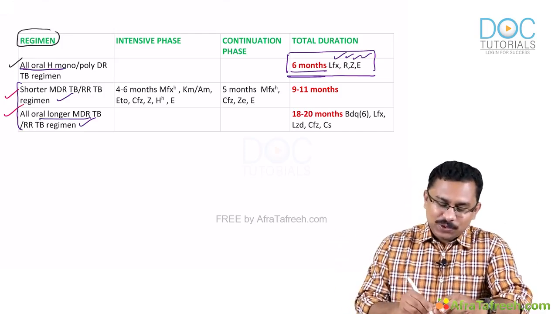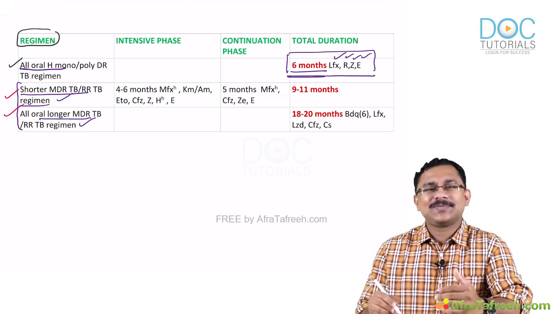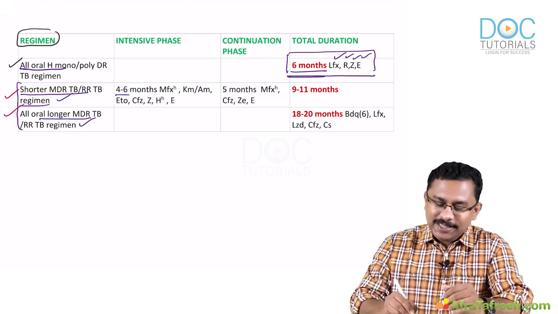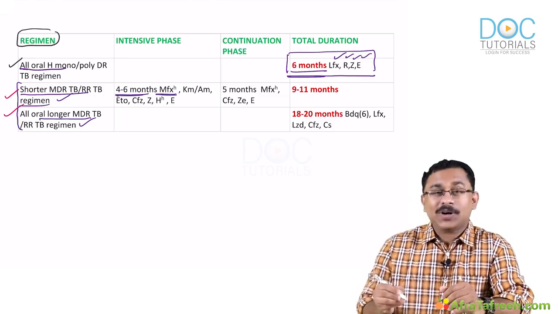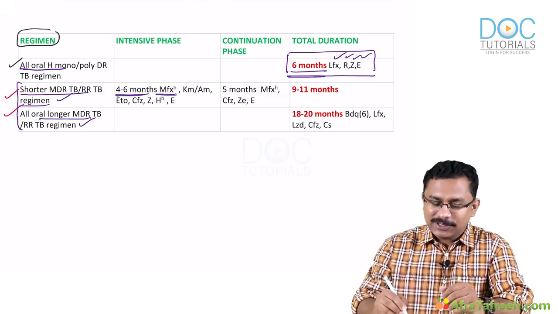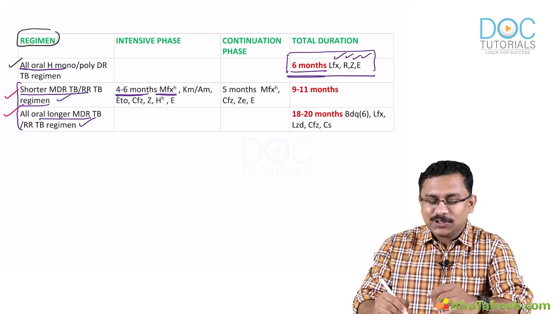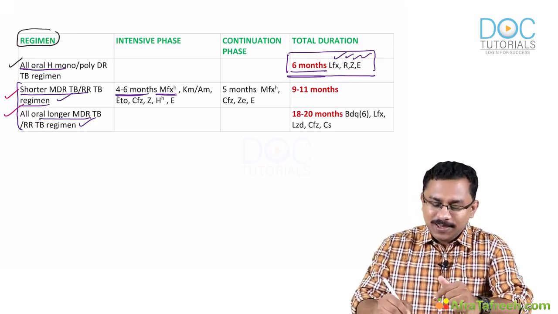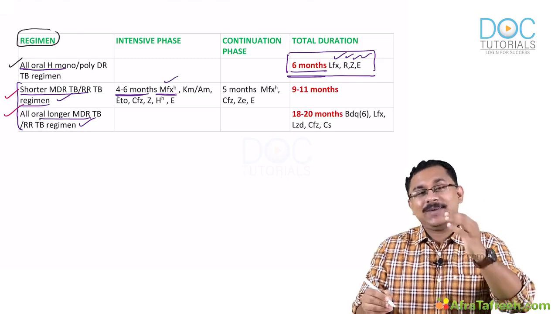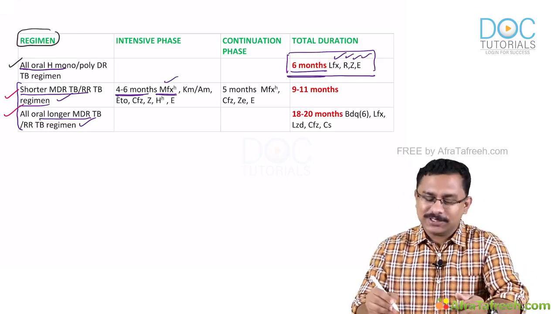So for the shorter one, you are going for an intensive phase of around 4 to 6 months with moxifloxacin. If you see here, there is a superscript H written along with the moxifloxacin, that means a high dose of moxifloxacin.